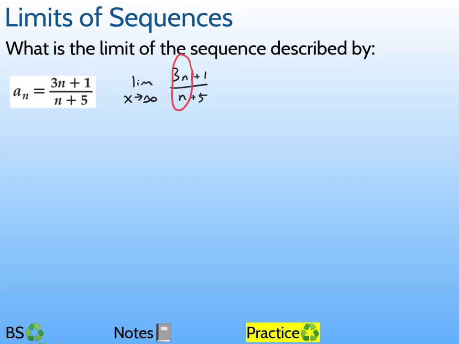That's 3n and n. Since they have the same degree, we're really just looking at the coefficients, which means this limit is 3 over 1, or just 3. So the sequence will just keep getting closer and closer to 3 as the x values increase.